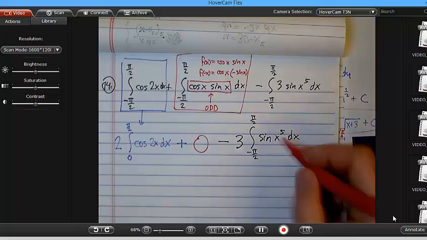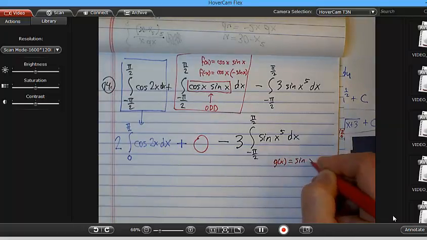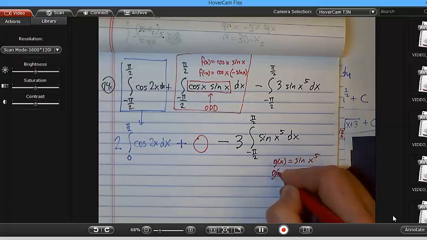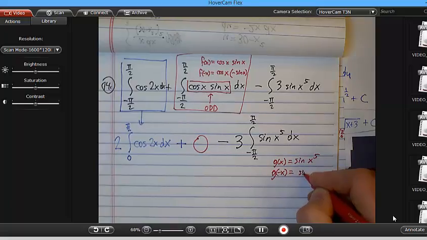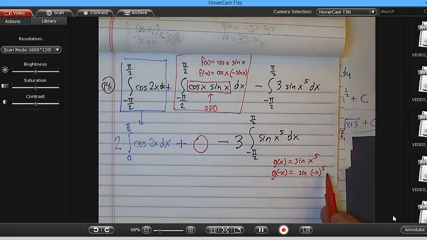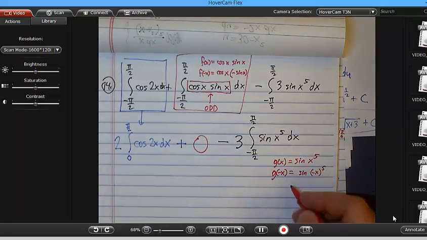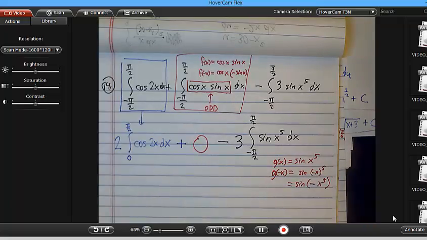Well, let's try it. Let's say that g of x is the sine of x to the 5th. And let's think about g of negative x. Well, that's the sine of negative x to the 5th, right? Negative x to the 5th is the same as negative of x to the 5th, because you have 5 negative signs in there, so you can pull it out of the x.